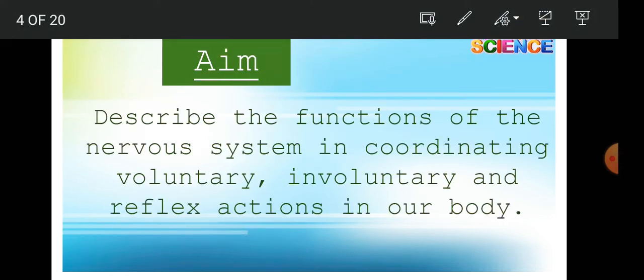The aim is that we will be able to describe the functions of the nervous system, and how it coordinates with voluntary and involuntary muscles, and we are also going to talk about the reflex action in our body.